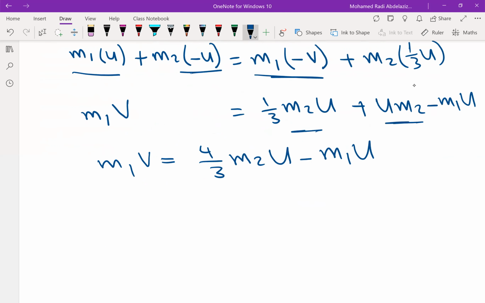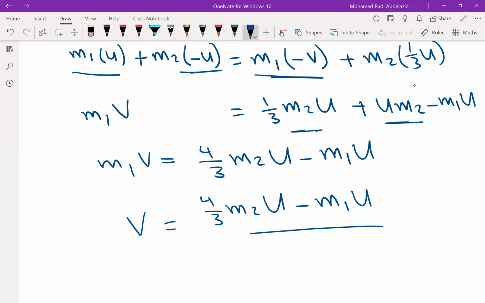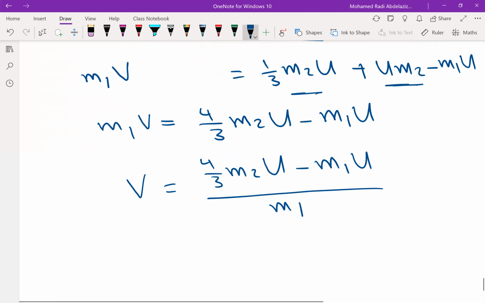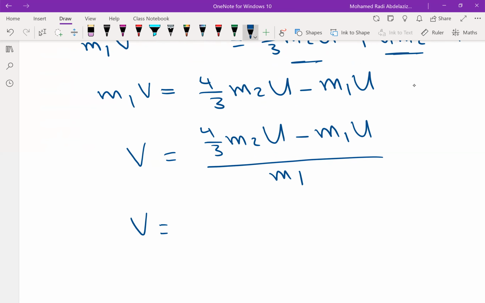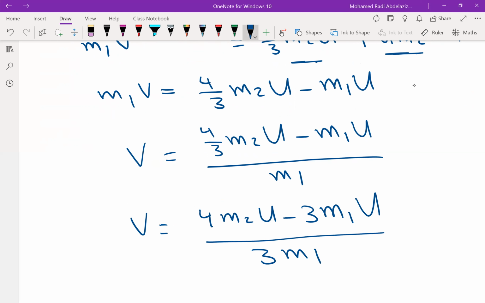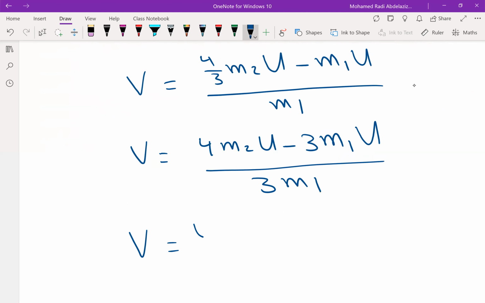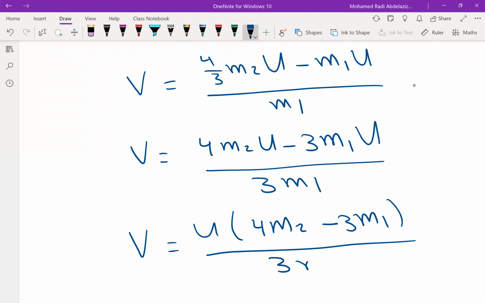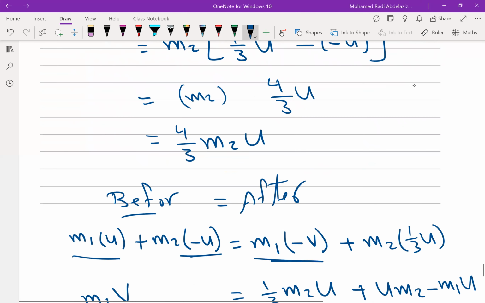You can divide by M1, so V is (4/3 M2 u minus M1 u) all divided by M1. You can remove the fraction by multiplying by 3: 4 M2 u minus 3 M1 u, and the denominator multiplied by 3 will be 3 M1. You can also take u as a common factor, so u(4 M2 minus 3 M1) all divided by 3 M1. This is the final answer of part B.